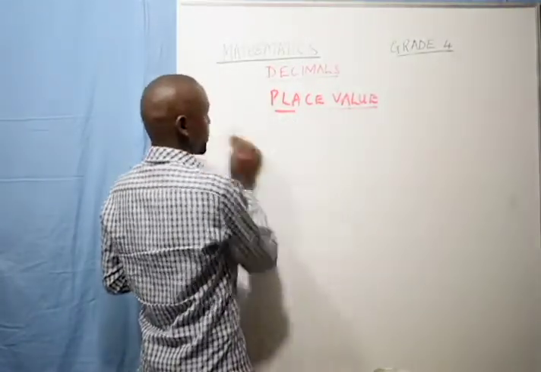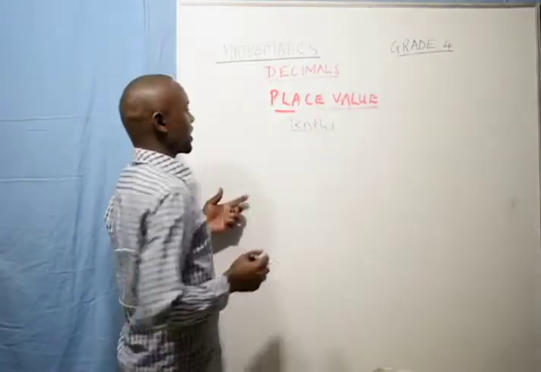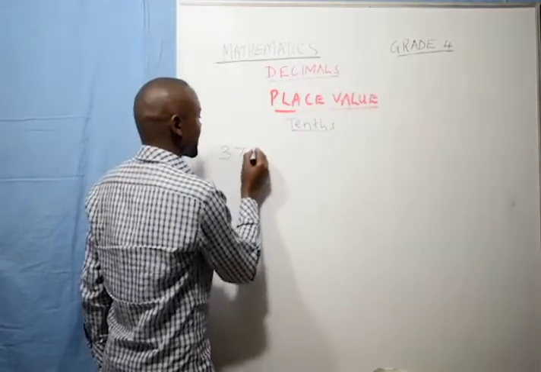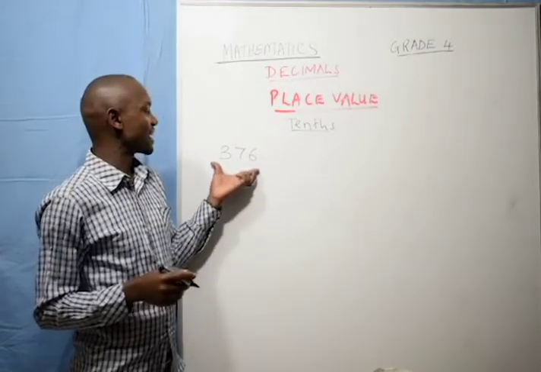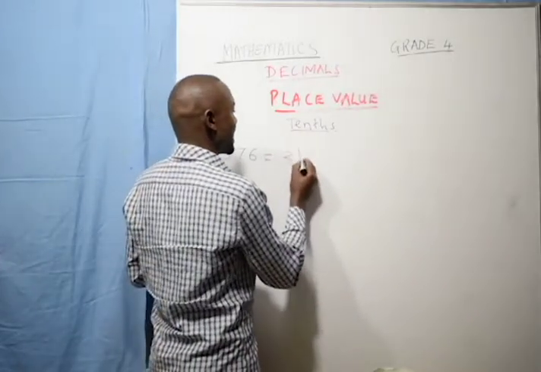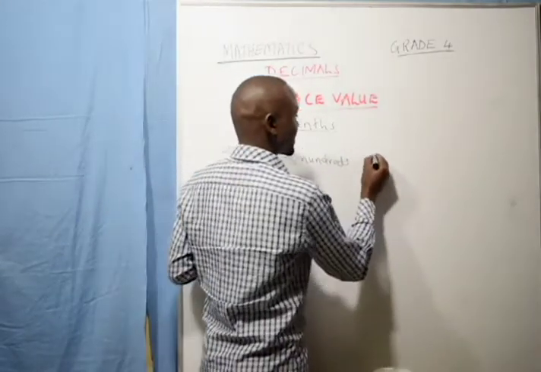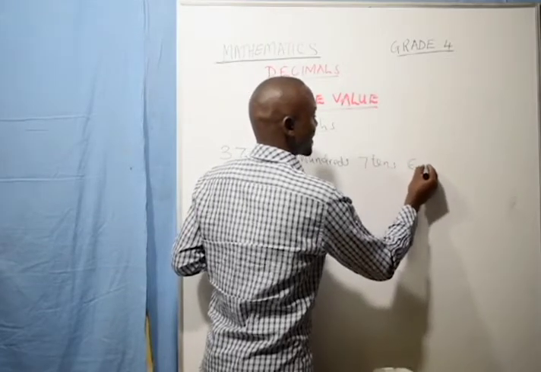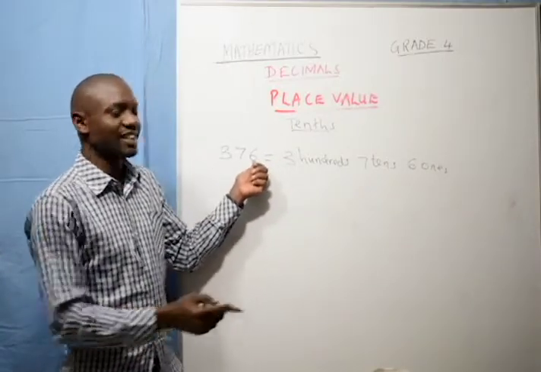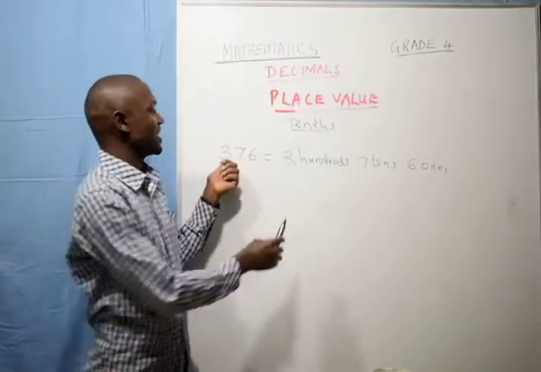In the previous lessons, when we looked at whole numbers, we said a number like 376 is represented as 300s, 7 tens, and 6 ones, whereby the place value of digit 6 is ones, the place value of digit 7 is tens, and the place value of digit 3 is hundreds.